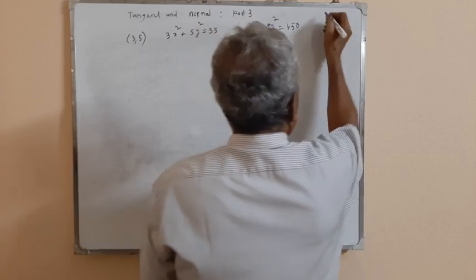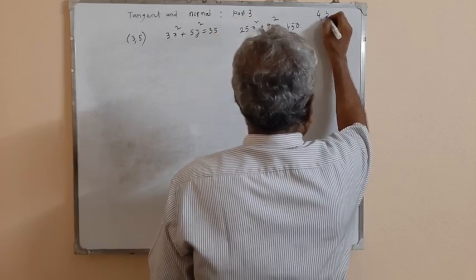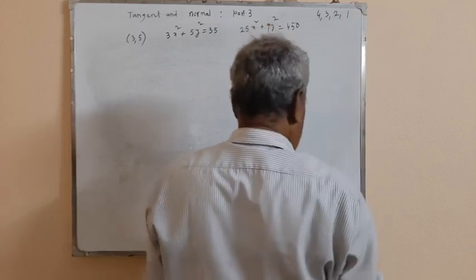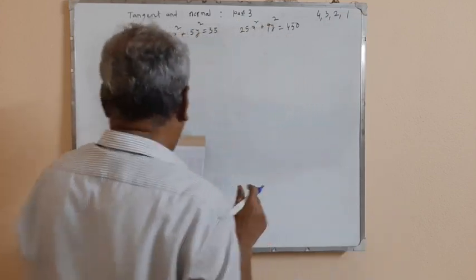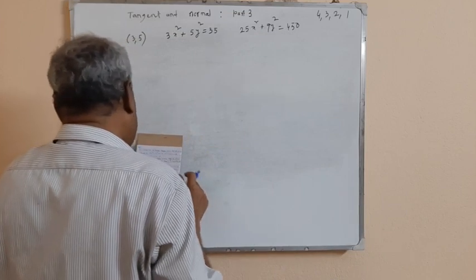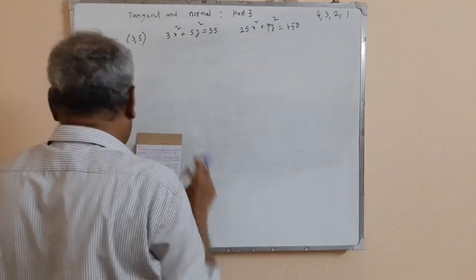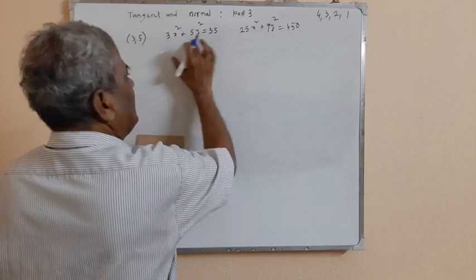Options are 4, 3, 2, 1. The question is the total number of tangents through that point that can be drawn to this and that.